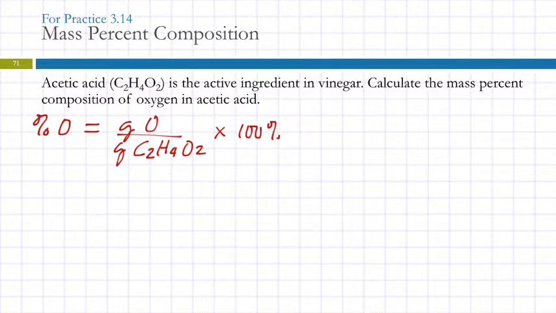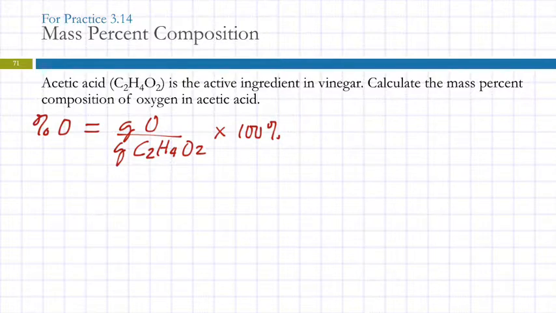They didn't give us any numbers in this problem. They didn't say it's got this much oxygen and this is the mass of acetic acid. That'd be easy, we could just plug it in. A percentage is the same. The percent oxygen in acetic acid is the same whether you have a teaspoon of it or a gallon or 10,000 gallons.